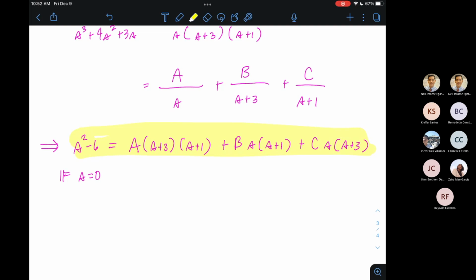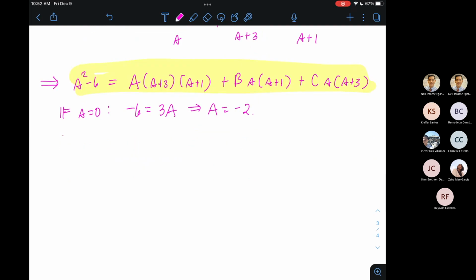Usually sila yung mga magpapa-zero dun sa mga factors para madali yung system na makukuha natin. If S is equal to 0, this guy will be -6. And then this guy will be 0. So 3 times 1, so I'll have a 3A. This guy will be 0 because S is equal to 0. That means A is equal to -2.